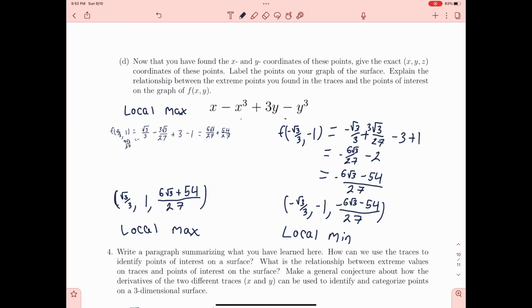For the local min, we plug in negative root 3 over 3, comma negative 1, and that gives us negative root 3 over 3, comma negative 1, comma negative 6 root 3 minus 54 over 27 is our local min.